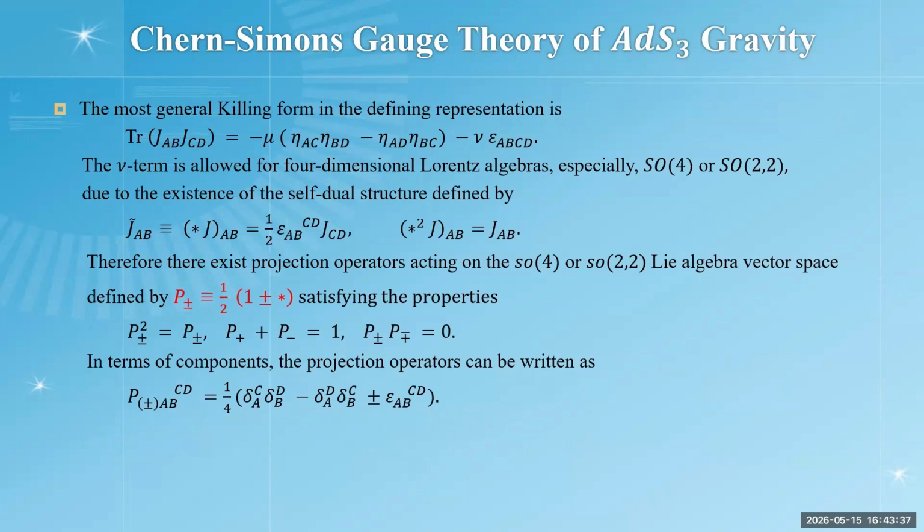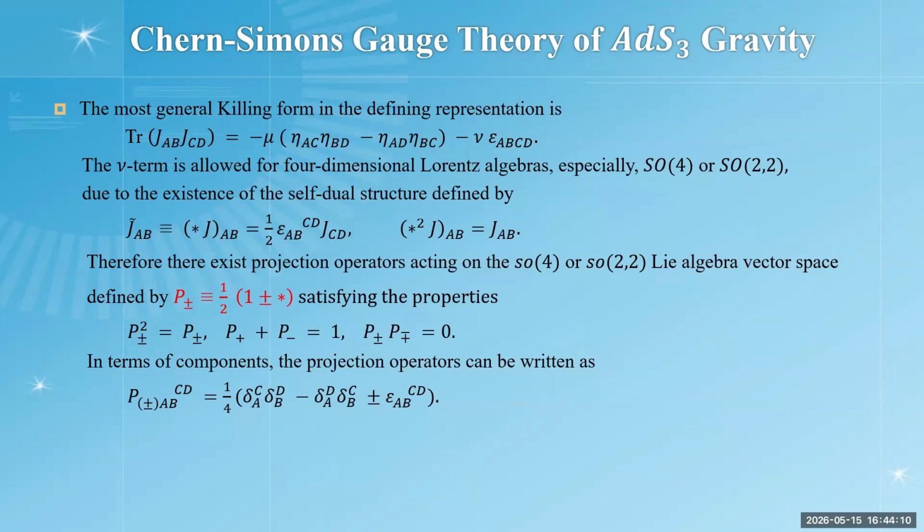The interesting thing is this new term is allowed because if we consider SO(4) or SO(2,2), the underlying space is R4, and then this is R(2,2) for AdS3, and this space allows a self-dual structure, a real self-dual structure. But if we consider SO(3,1), then the self-dual structure becomes imaginary. And this self-dual structure is related to the instanton structure.